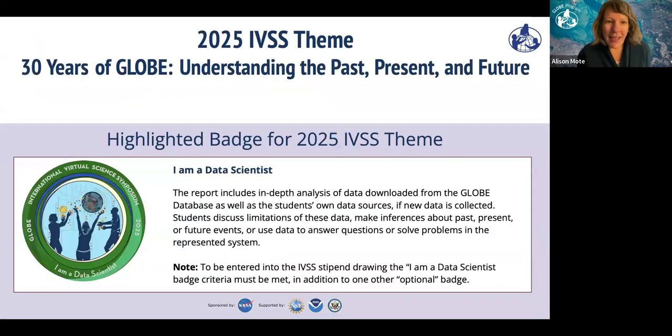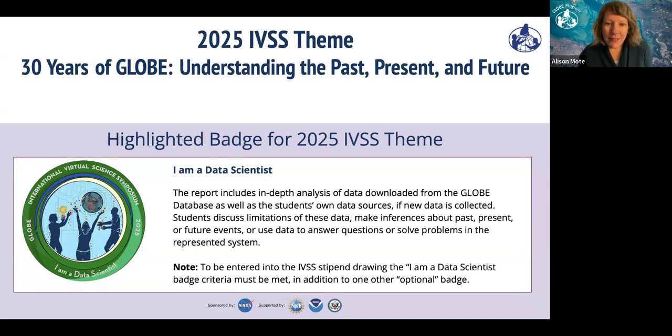Next slide. To celebrate the vast amount of Globe data contributed by the community over the past 30 years, the highlighted badge for this year's theme is the Data Scientist badge. To earn the Data Scientist badge, students need to include an analysis of data downloaded from the Globe database, as well as their own data sources if they are collecting new data.